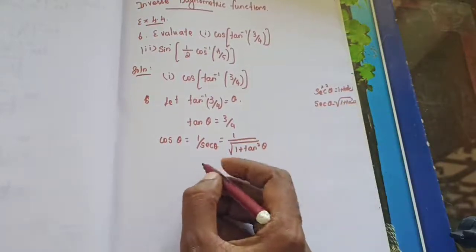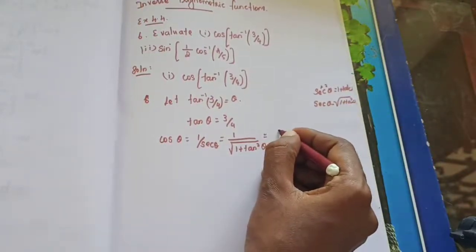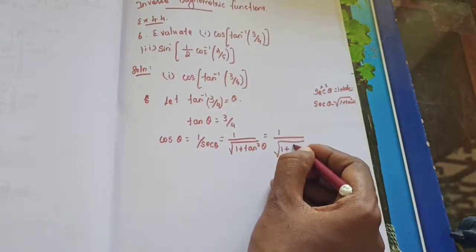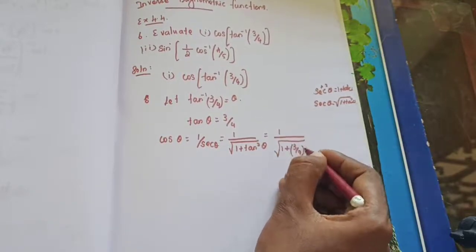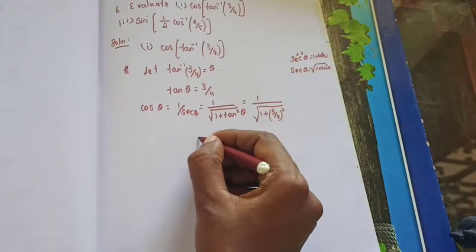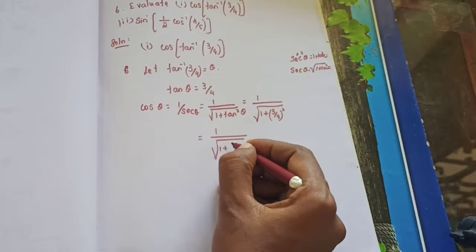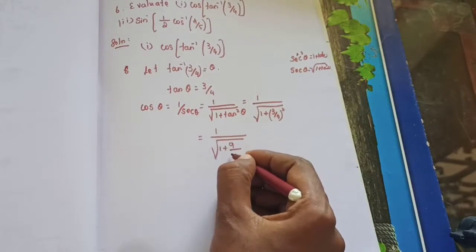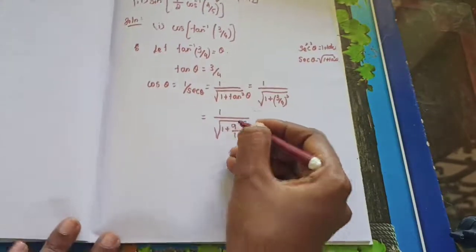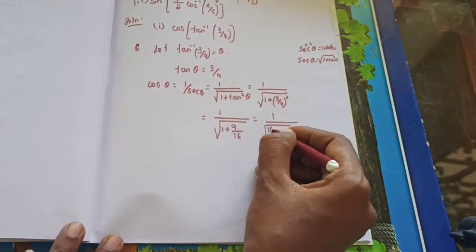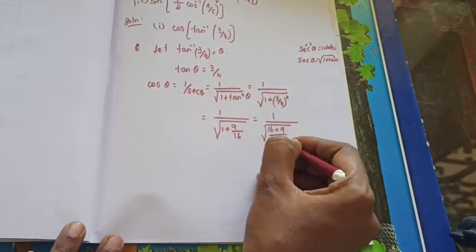So that's equal to 1 by square root of 1 plus tan square theta, which means 3 by 4 the whole square. That's equal to 1 by square root of 1 plus 3 square means 9, 4 square means 16. That's equal to 1 by square root of 16 plus 9 by 16.